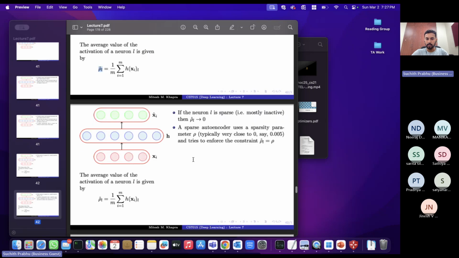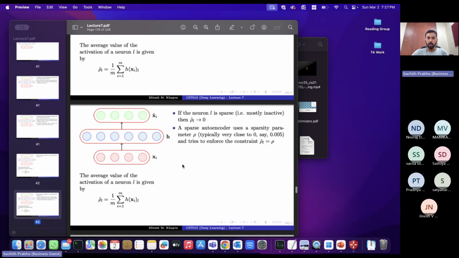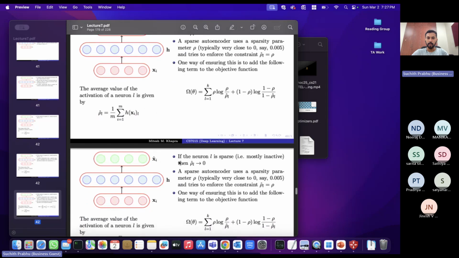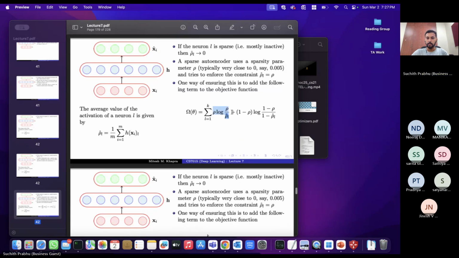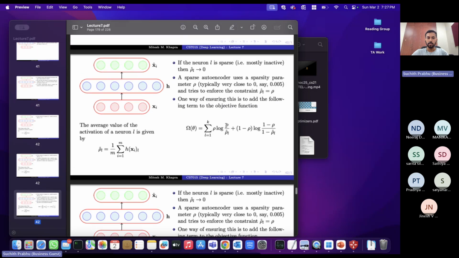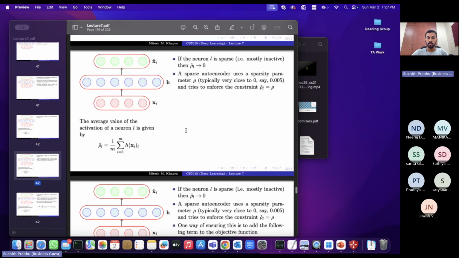Similarly, there is this target distribution that we set. It's a hyperparameter, and we want to induce this sparsity. For that, we add this binary cross entropy term. We want these two distributions to be equal.